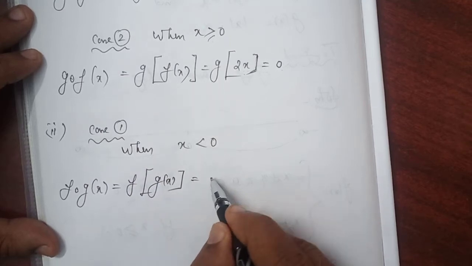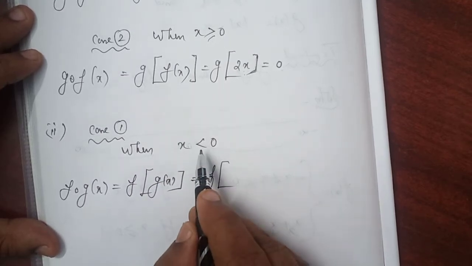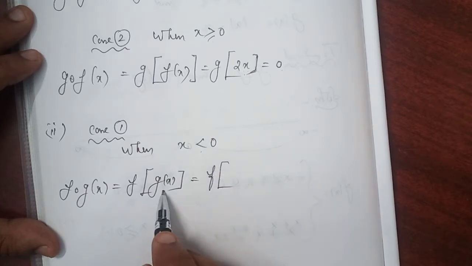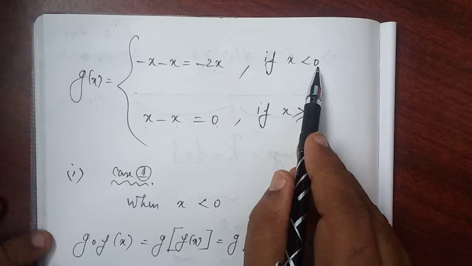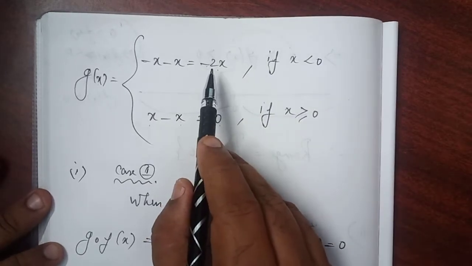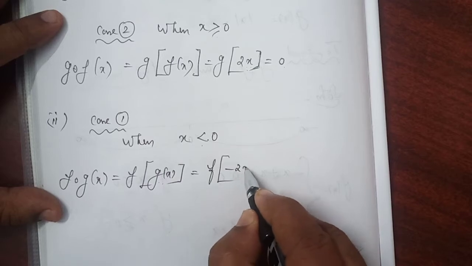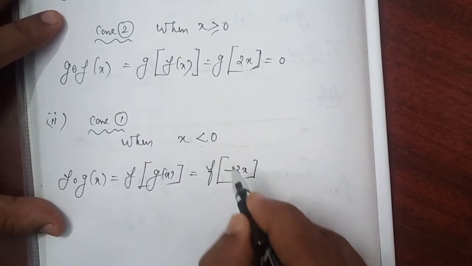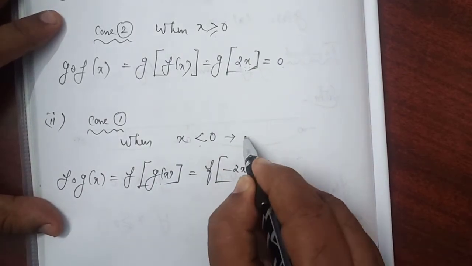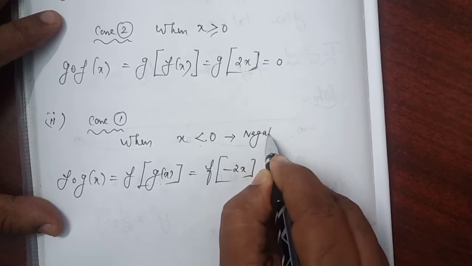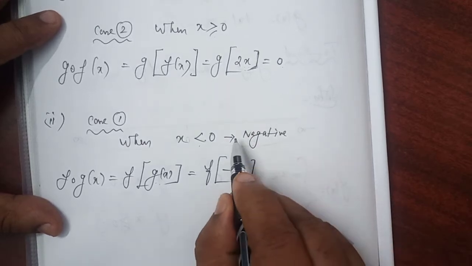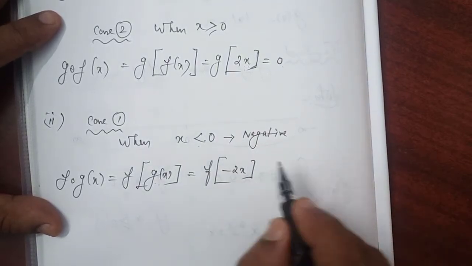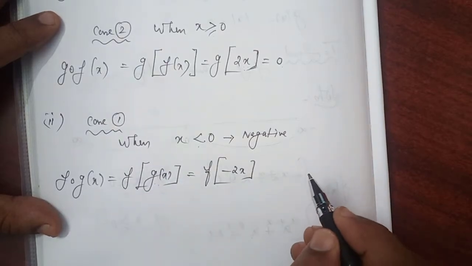That is equal to f of g of x, where x is less than 0, and for less than 0, g of x is minus 2x. So less than 0 means negative. Remember, for your reference I have written, x values are full of negative numbers.